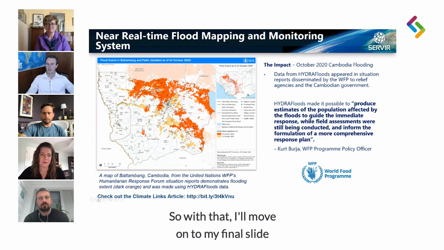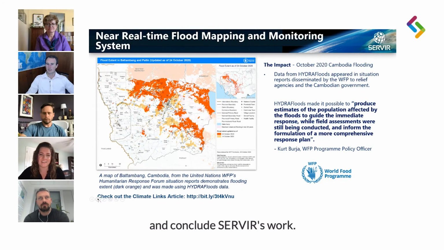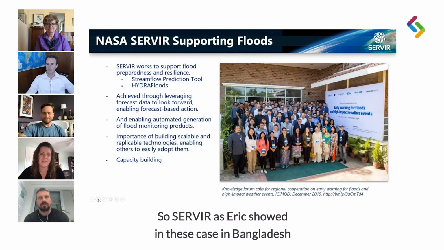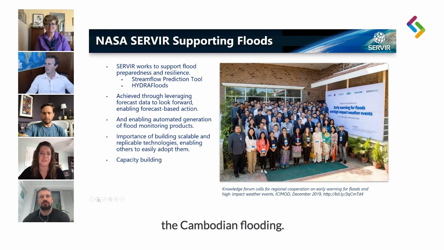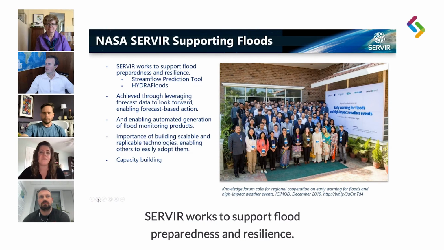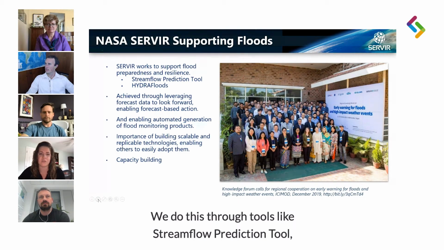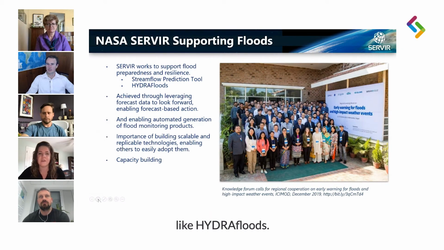So with that, I'll move on to my final slide and conclude Severe's work. So Severe, as Eric showed in the use case in Bangladesh, and then also what was happening and supporting the Cambodian flooding, Severe works to support flood preparedness and resilience. We do this through tools like stream flow prediction tool, like HydroFloods.